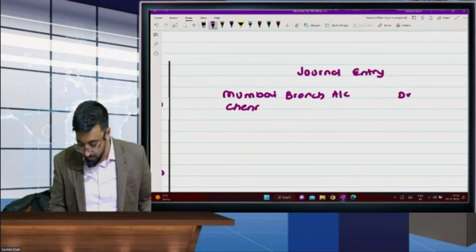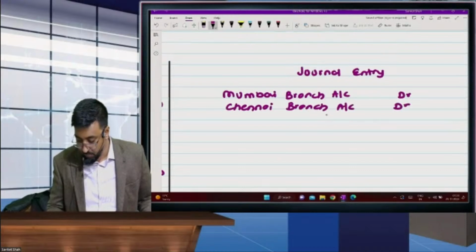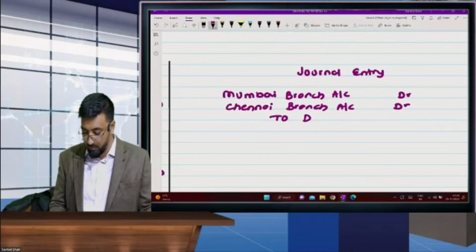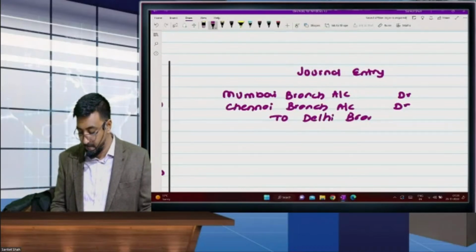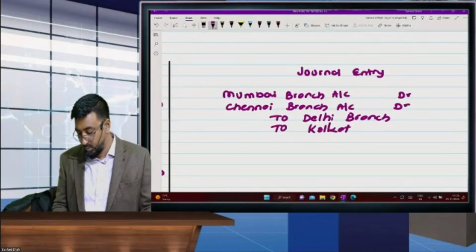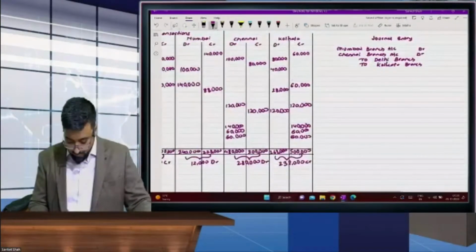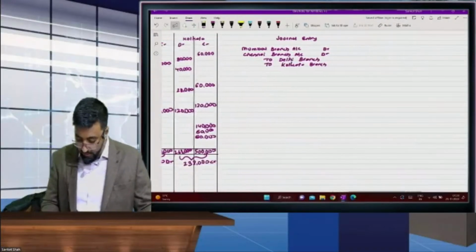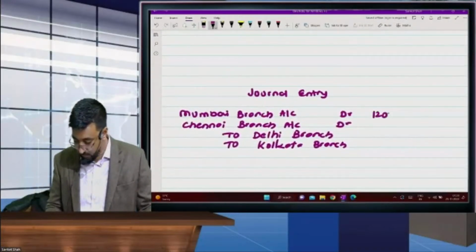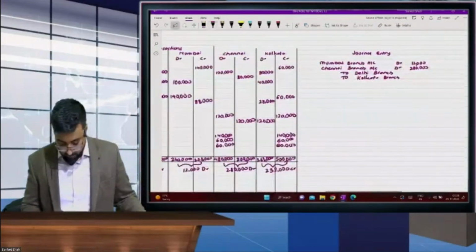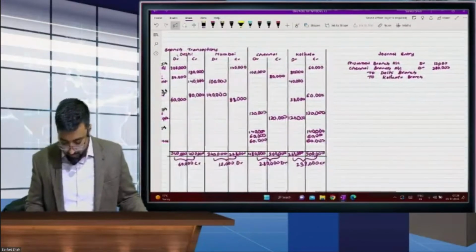Chennai branch account debit, to Delhi branch, to Kolkata branch. 1280, 6232.